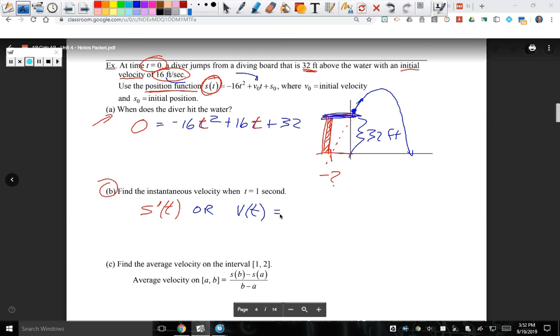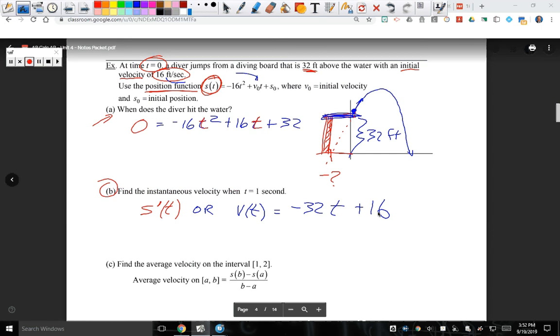Because if I did, I would be talking about acceleration. So I have v of t, aka s prime of t, is going to be equal to negative 32t plus 16. And then I plug in my at value.